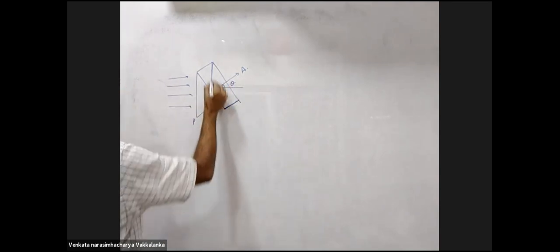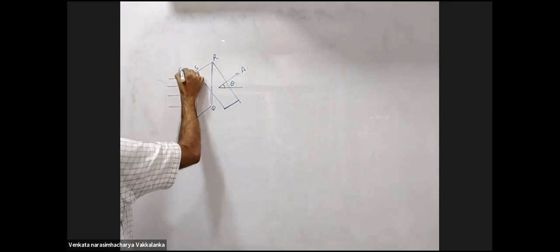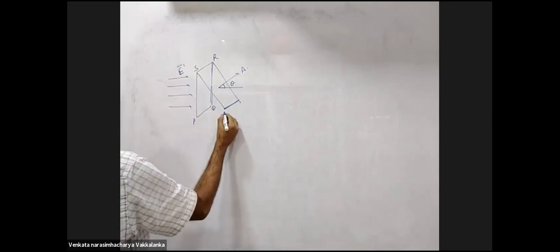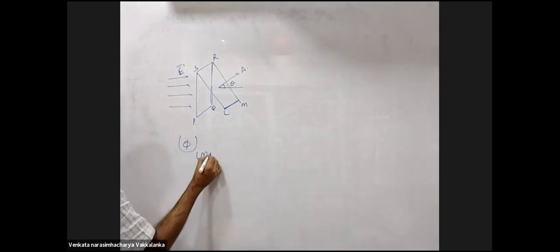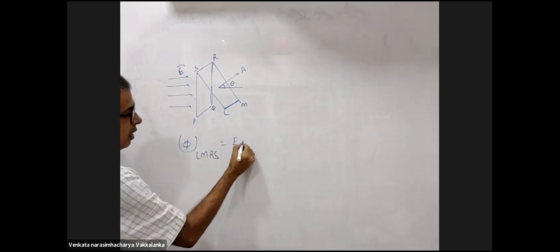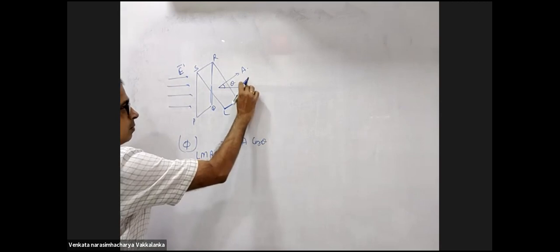I call this PQRS, and this will be LM. Flux through LMRS will be EA cos theta.